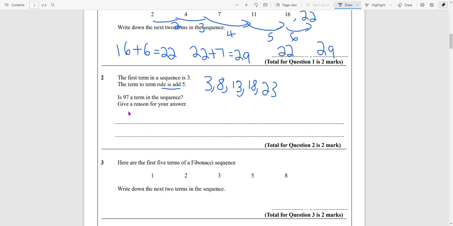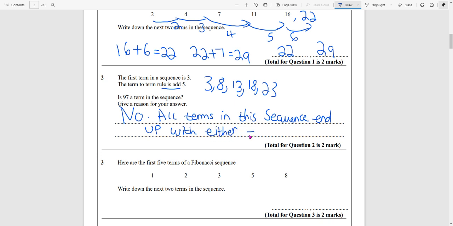So we're going to answer this question by saying no. All terms in this sequence end with either 3 or 8.